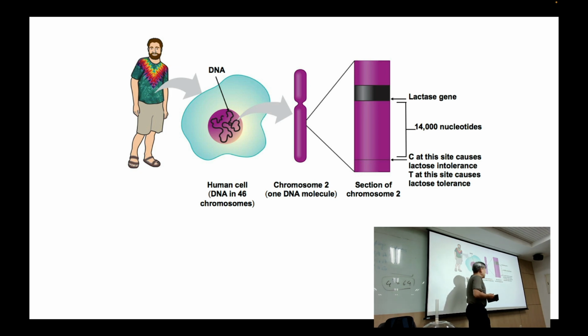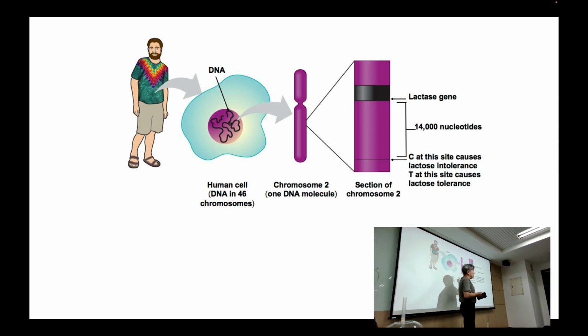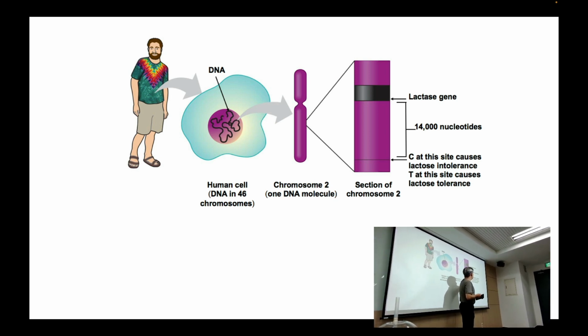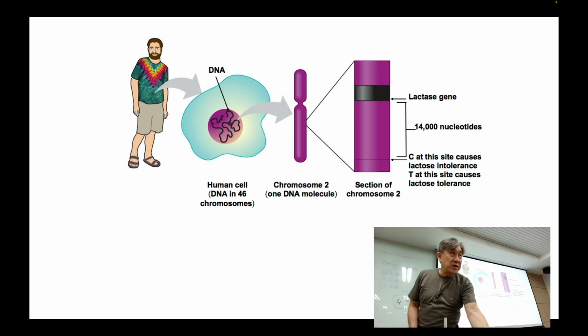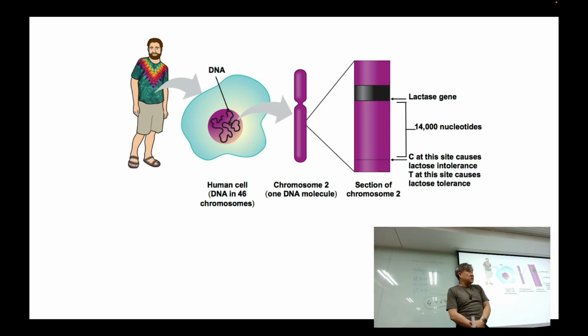Simply, the only important thing is that this mutation is located on the control element, the control region of this actual coding region. And another thing: would this be a dominant or a recessive mutation?